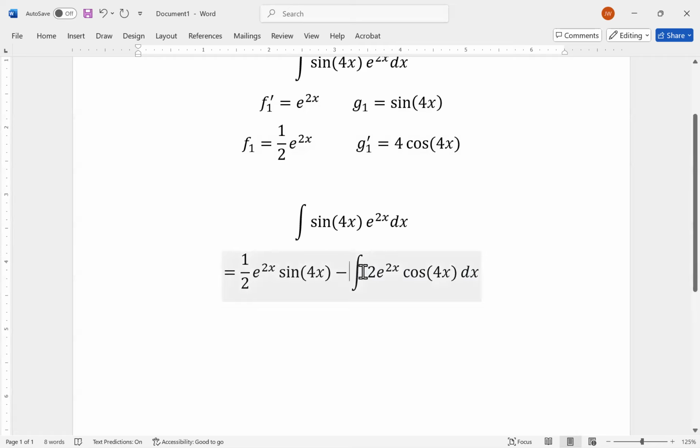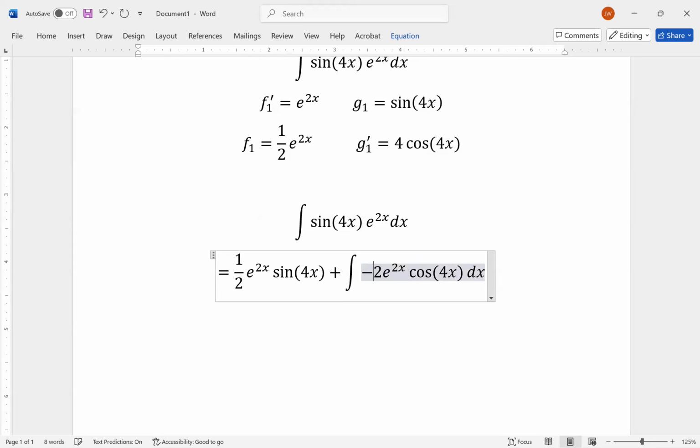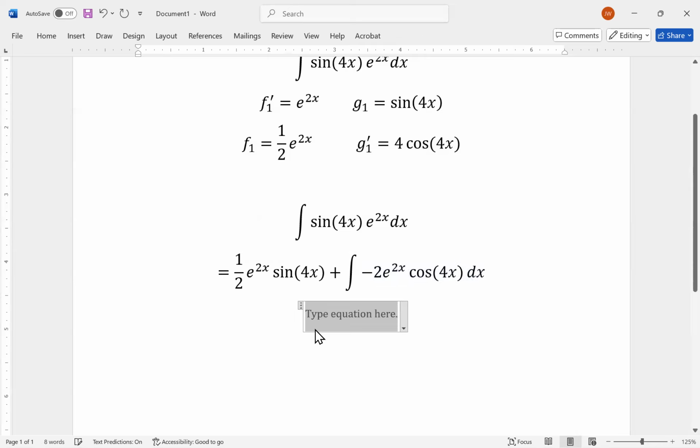Now, this integration does not simplify very well. That's not a basic rule. That's still trig function times exponential or exponential times trig. So what I'm going to do is distribute that minus sign, and I'm going to do another integration by parts on this integral.